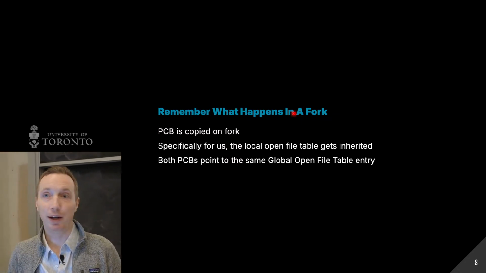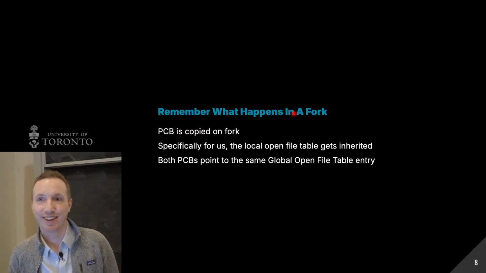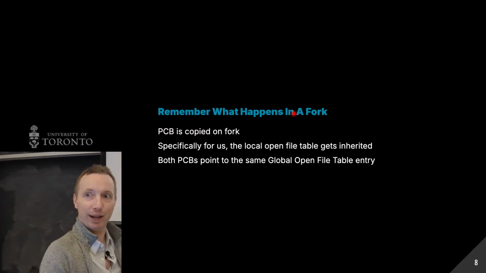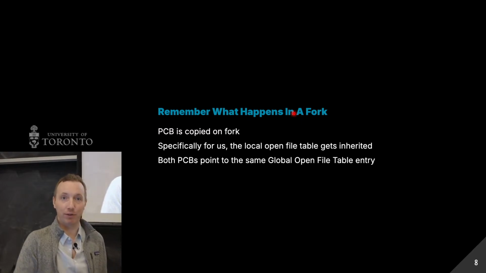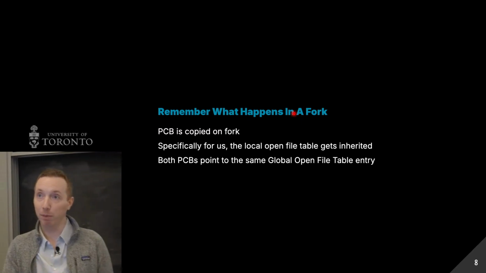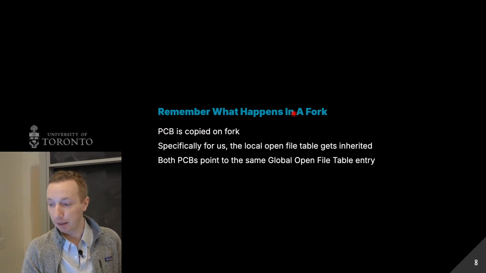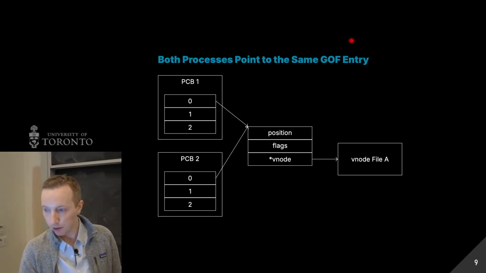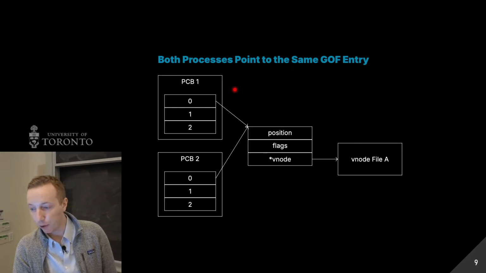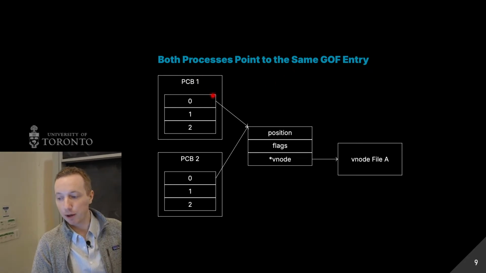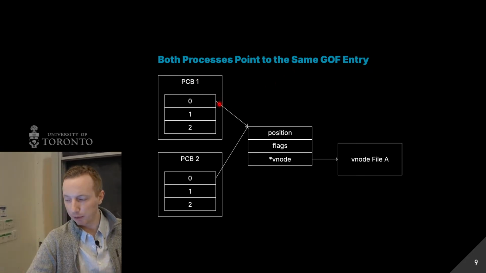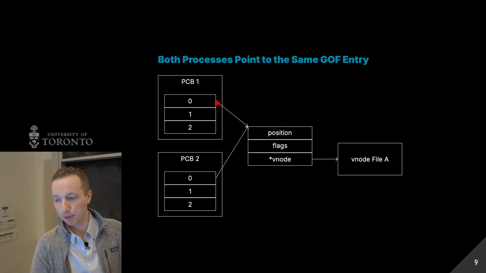That means they share position. So if you do an lseek in the parent process, it affects the child process because they're both pointing at that same global entry. So things can get a bit weird for us. If we have process one, let's assume the standard file descriptors aren't open.